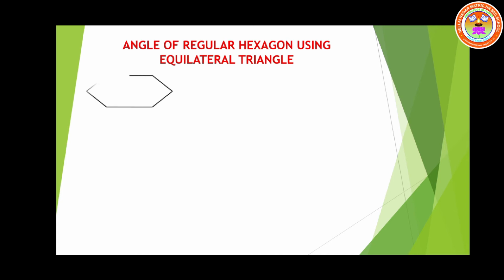Here I have given the diagram of a hexagon. A hexagon is a polygon that has 6 sides and 6 angles.